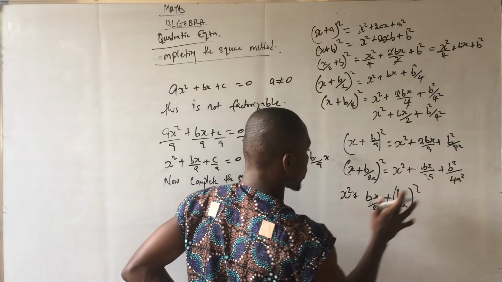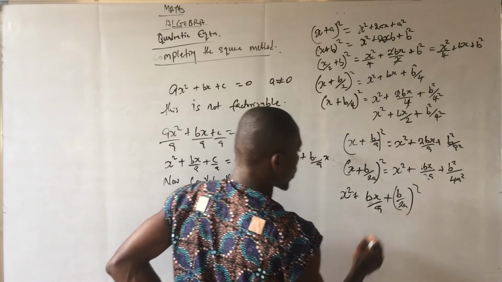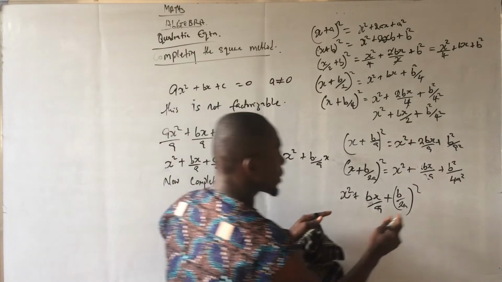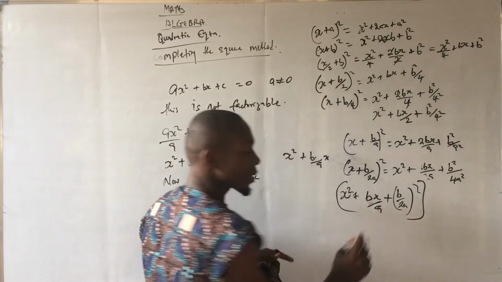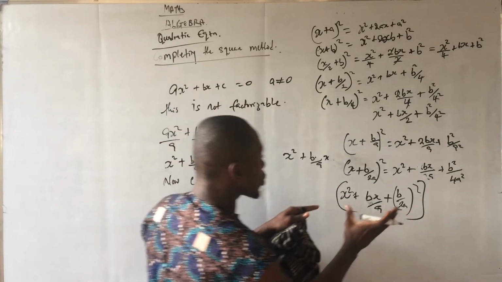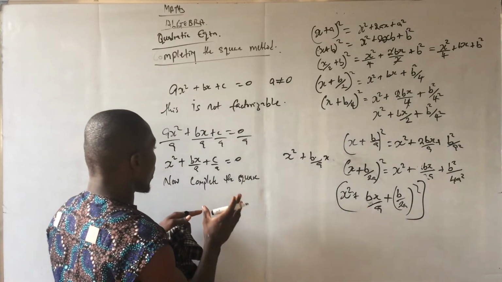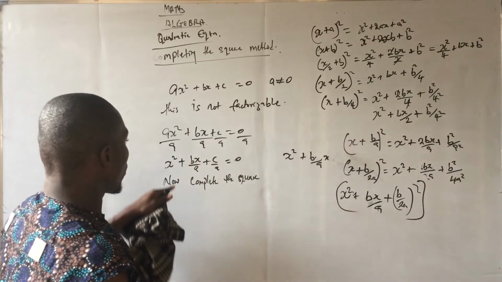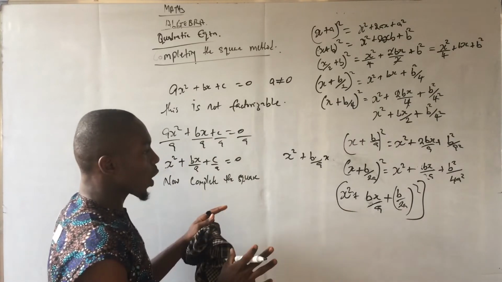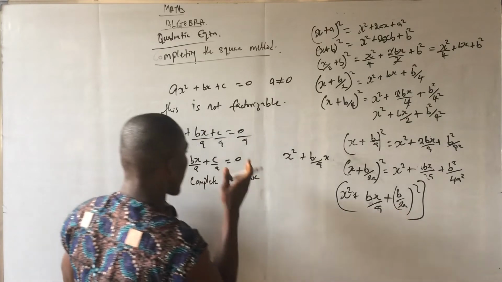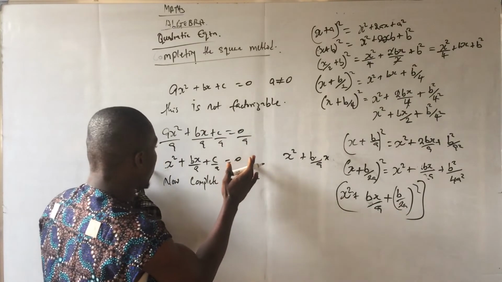This and this are gone. So now we have seen that the square is complete. We can actually use this. We now look for a way to put this in this equation.